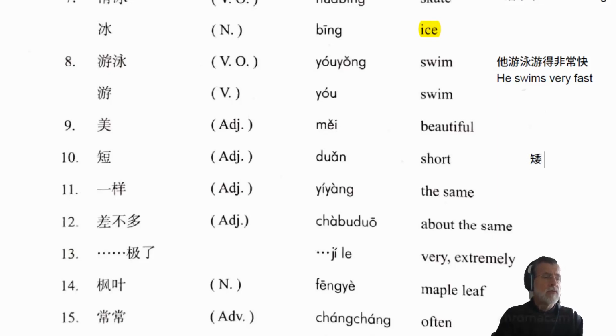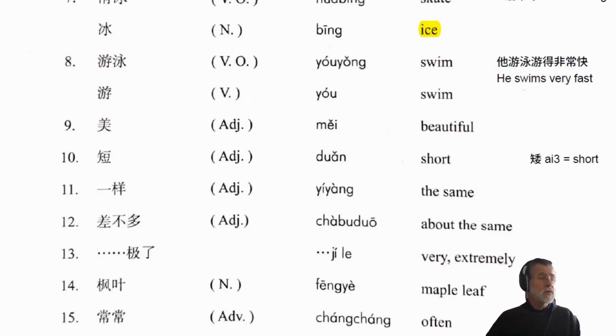For a person being physically short. 他很矮. So just to remind you, 短 is for short time, short distance, and so on.